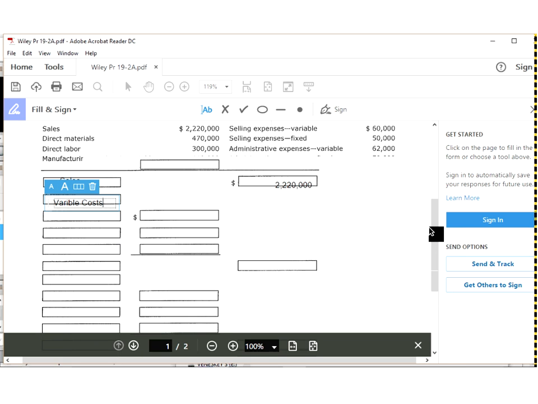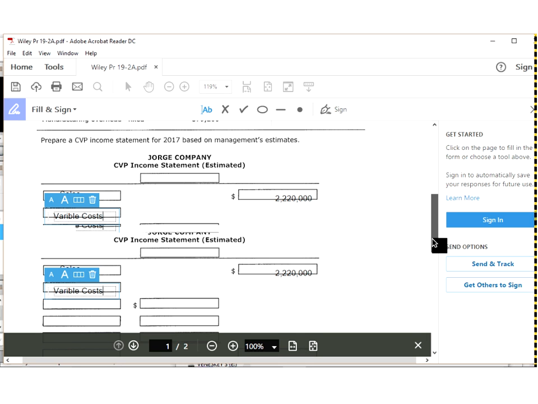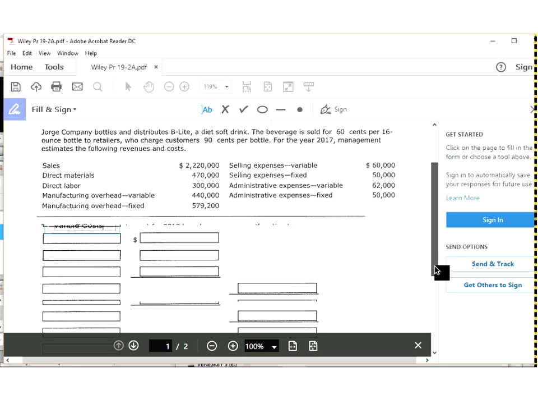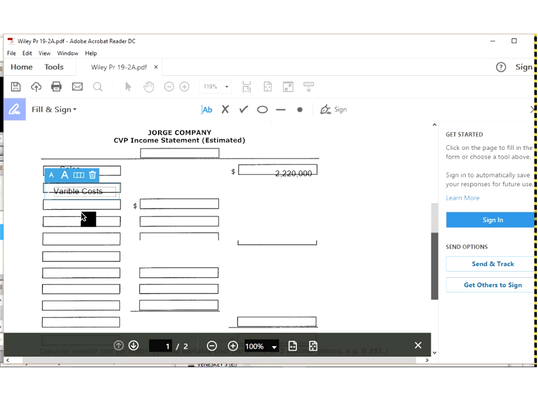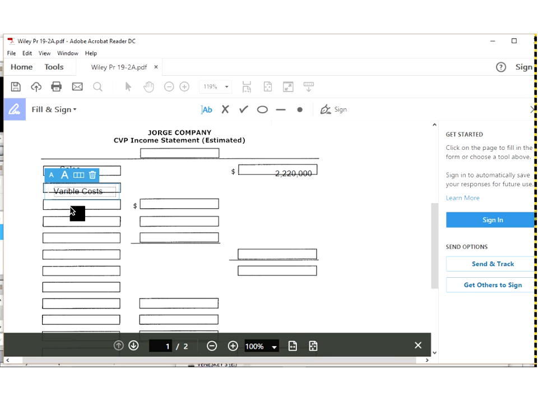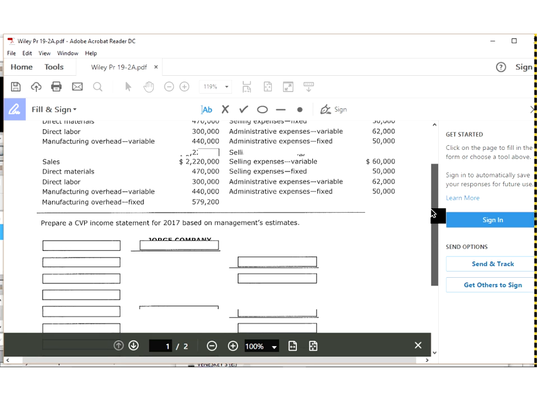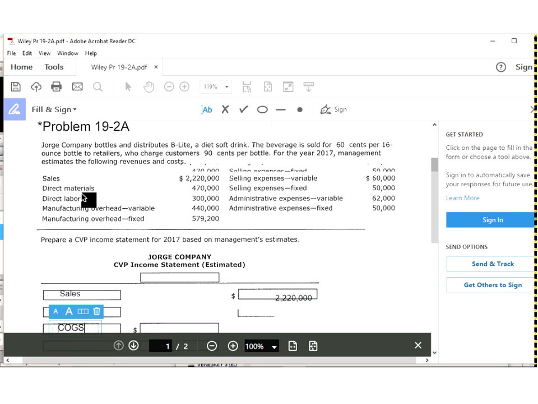Now variable costs, I'm going to want to list these. And the first thing, if you look at the income statement on the page in Chapter 20, the first item is our cost of goods sold. Well, our cost of goods sold, of our variable costs, would be anything in the factory.